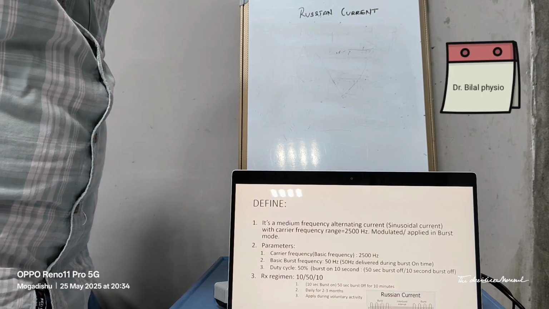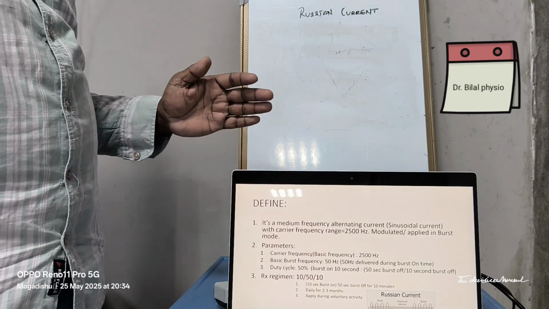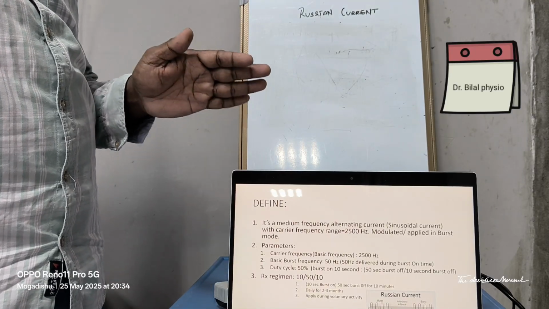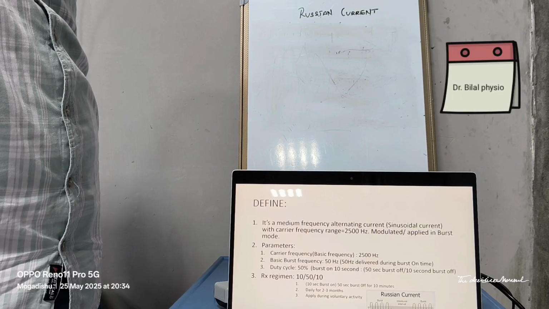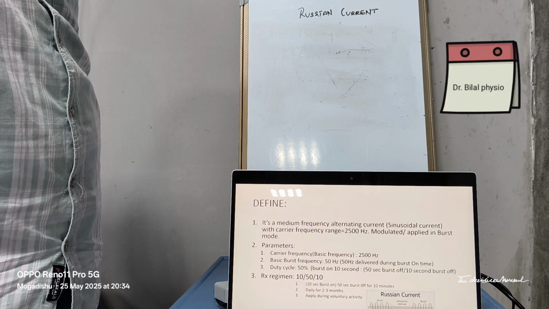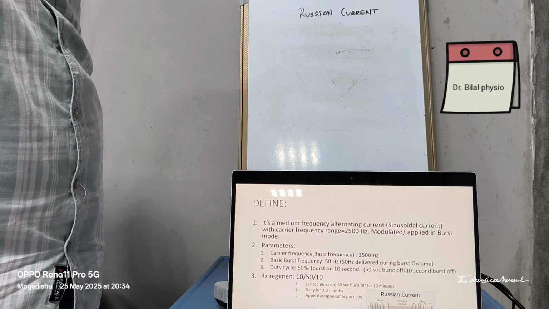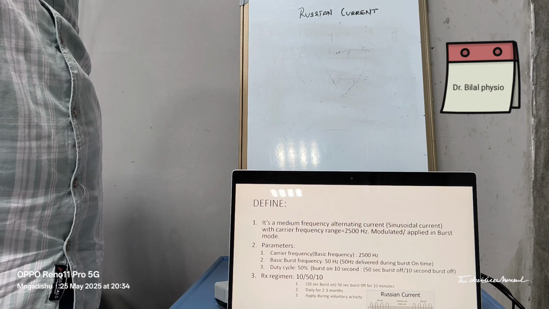It has a carrier frequency range of 1000 to 10,000 Hz. It has a carrier frequency of 2500 Hz with a burst frequency of 50 Hz that is delivered during the burst on time, and the duty cycle may vary based on the condition, with the ramp up and ramp down time.